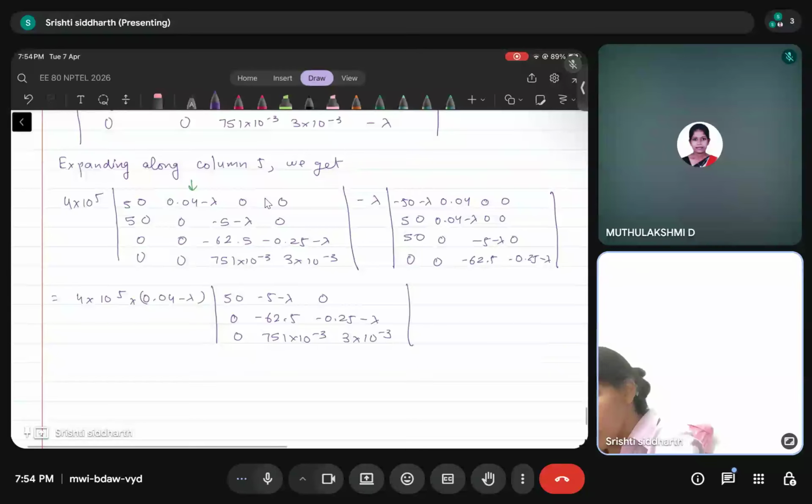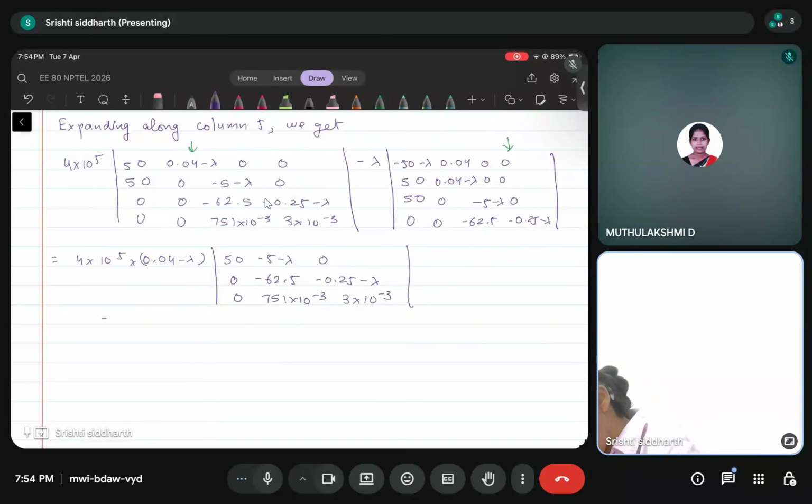Okay, and for the next one, we can expand along the last column. So this is minus lambda.